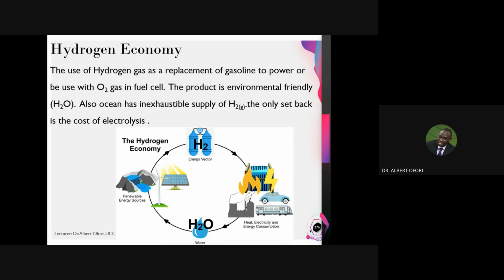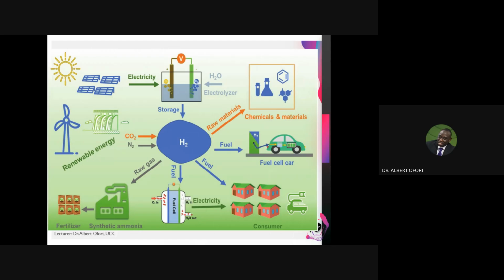So the oxygen-related fuel cells can be replaced by hydrogen, and then we recycle that water through renewable energies, and we can get our hydrogen back. By that, we can also be saving oxygen. So the recycling of hydrogen is quite important.